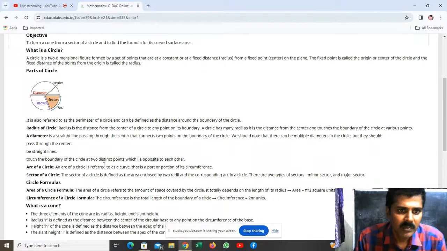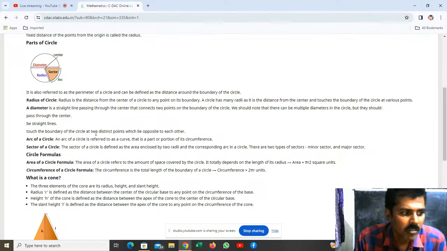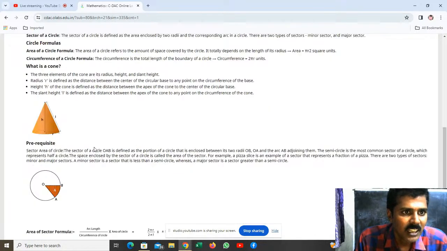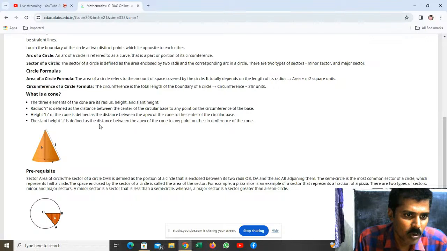Now we know all about what is a diameter and what is a circle and what is an arc. Now what is a cone? So see, observe the three elements of the cone. For a cone we have three elements.